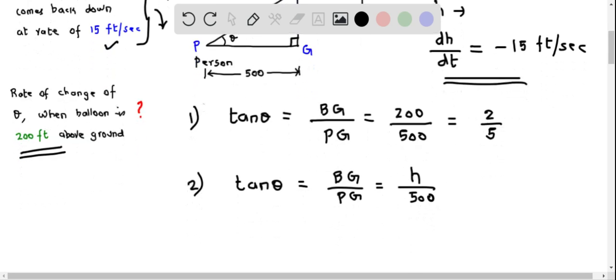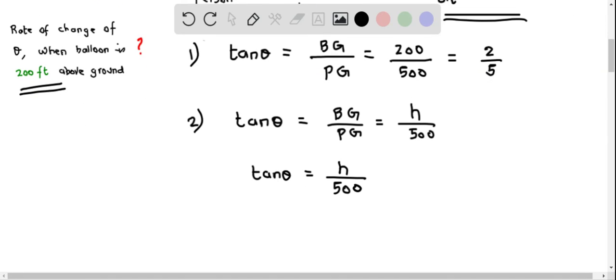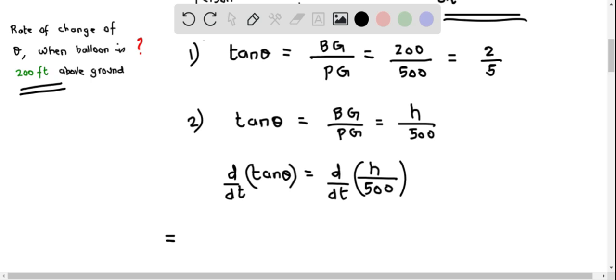Therefore, we have the equation tan theta equals h over 500. Now we are going to find the derivative of both sides with respect to time. So I write d by dt of tan theta, and similarly d by dt on the other side.